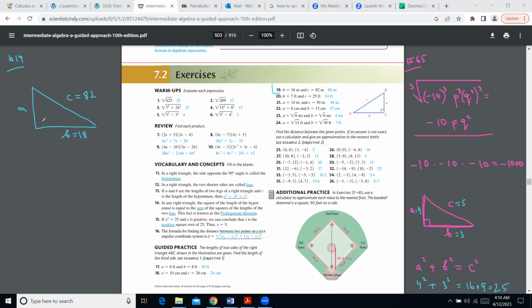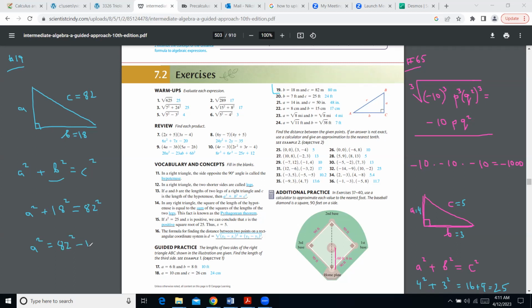Okay, so when I think of this statement of the Pythagorean theorem, I will be replacing number b with 18, so there'd be 18 squared. Number c with 82, so that'd be 82 squared. And then we're going to find the unknown a, the third side of this right triangle.